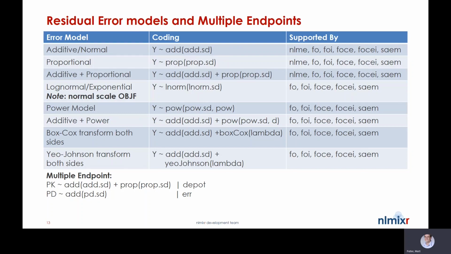In this case, you would say Y is modeled by additive, standard deviation, prop or proportional error, additive plus proportional, log normal, power, additive plus power, additive plus Cox, additive plus Johnson. Turns out that this is also supported for multiple endpoints like a joint model, if you had a PK component like concentration or an effect compartment.